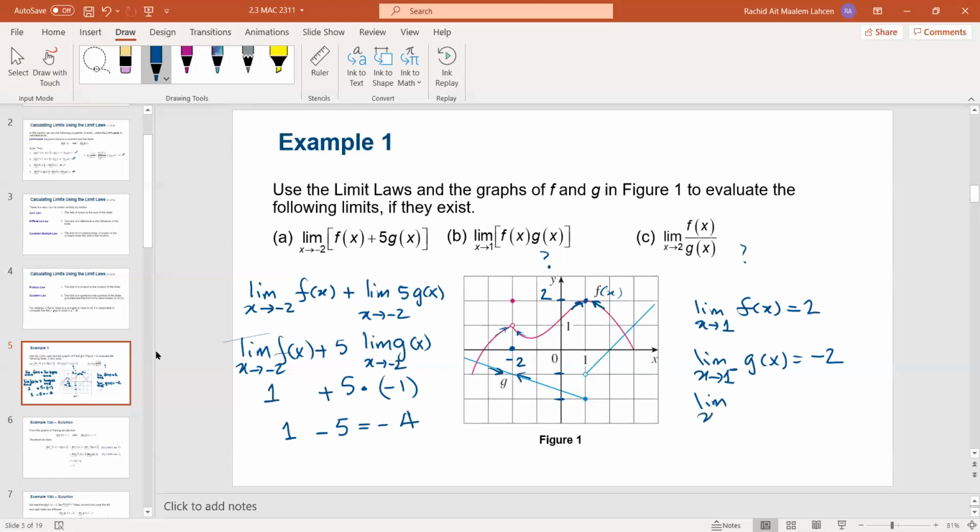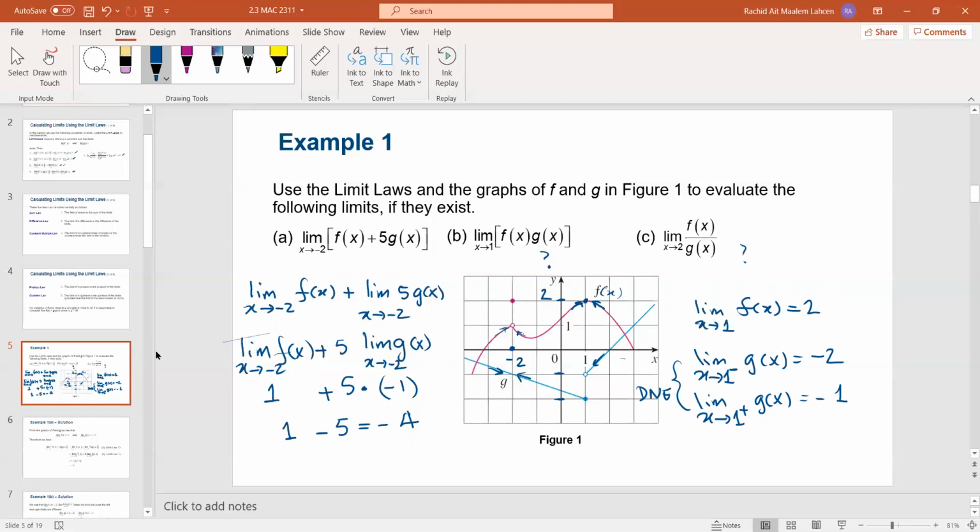And if you do it from this way, it means x is approaching 1 from the right side, it's going to -1. So for g of x, the limit does not exist at 1, and that's going to affect applying the rule. So are you going to use -2 or are you going to use -1?